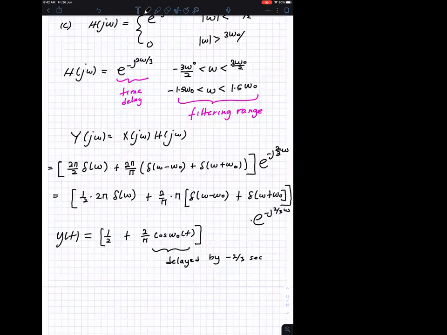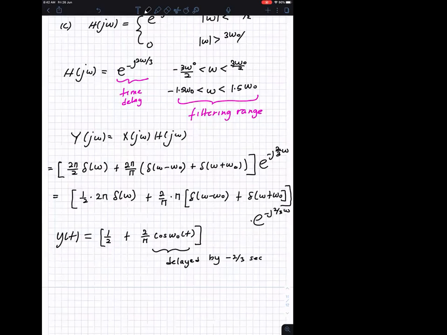So you can go ahead and rewrite that. And DC is not time dependent, so you cannot delay it.